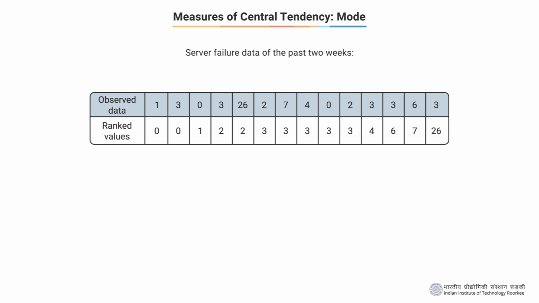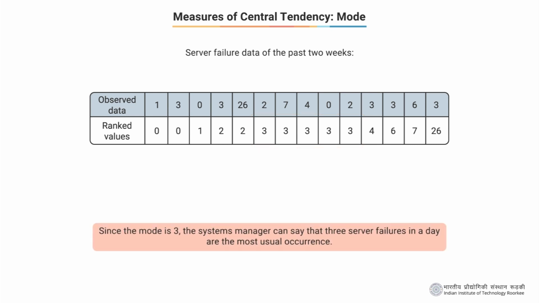The ordered array of these data suggests that because 3 occurs 5 times, more times than any other value, the mode is 3. Thus, the systems manager can say that the most common occurrence is having 3 server failures in a day. For this dataset, the median is also equal to 3 and the mean is equal to 4.5. The value 26 is an extreme value. For this data, the median and the mode are better measures of central tendency than the mean.